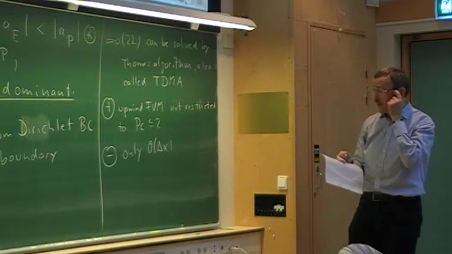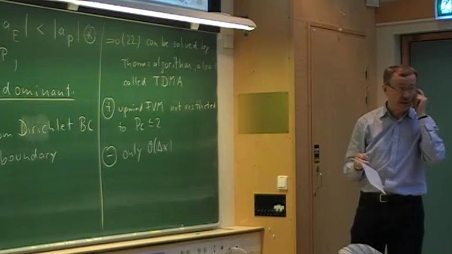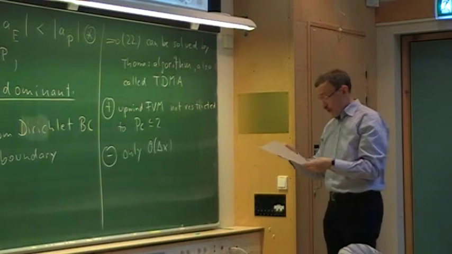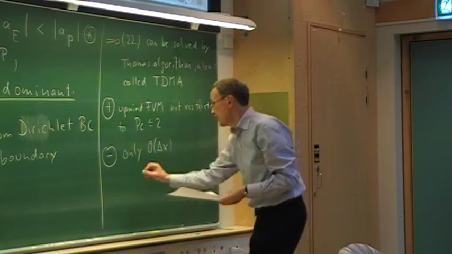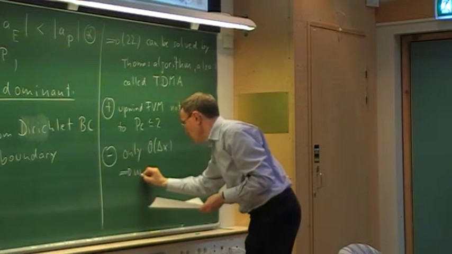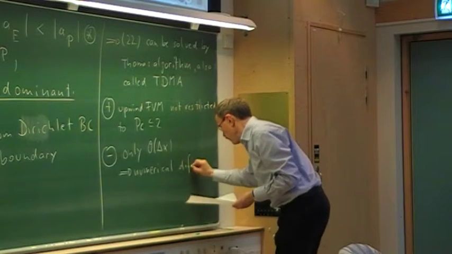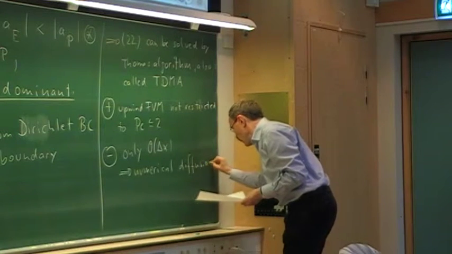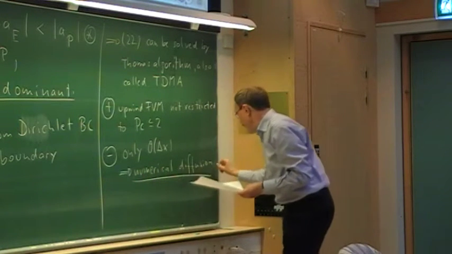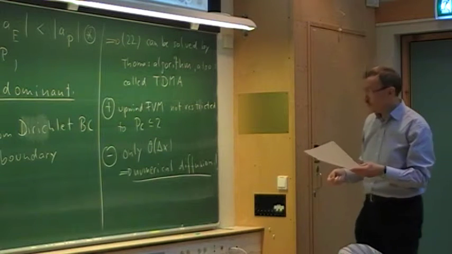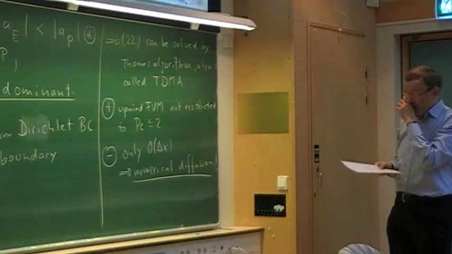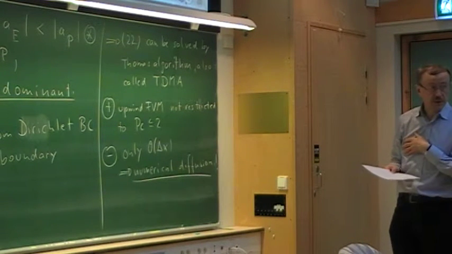But you get numerical diffusion by that. Therefore, regarding accuracy, the central method is better.